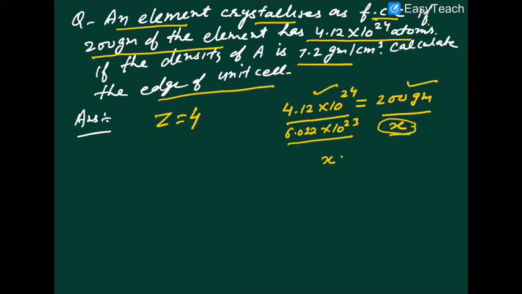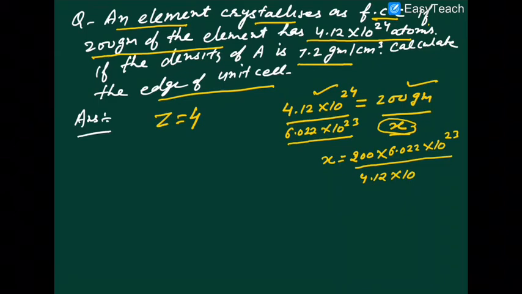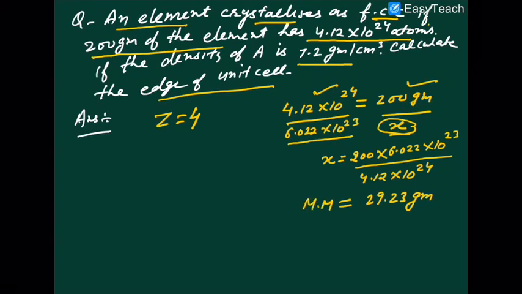So X comes out to be 200 into 6.022 10 power 23 divided by 4.12 into 10 power 24. So the value of X comes out to be 29.23 gram. So that is the molar mass of the compound.